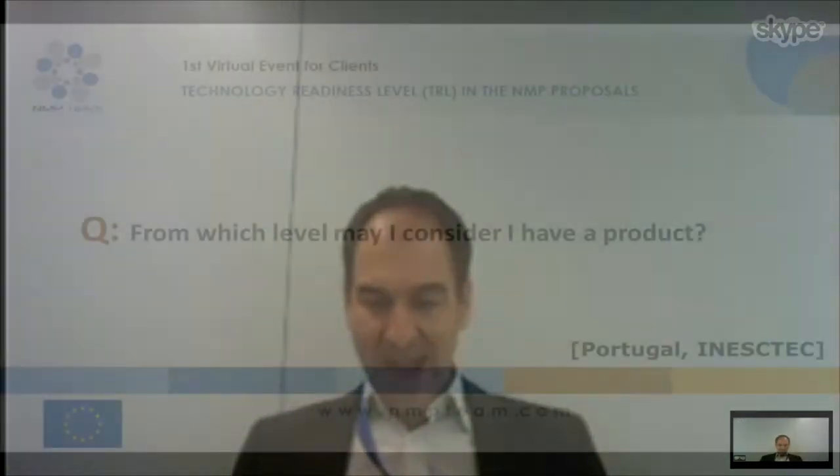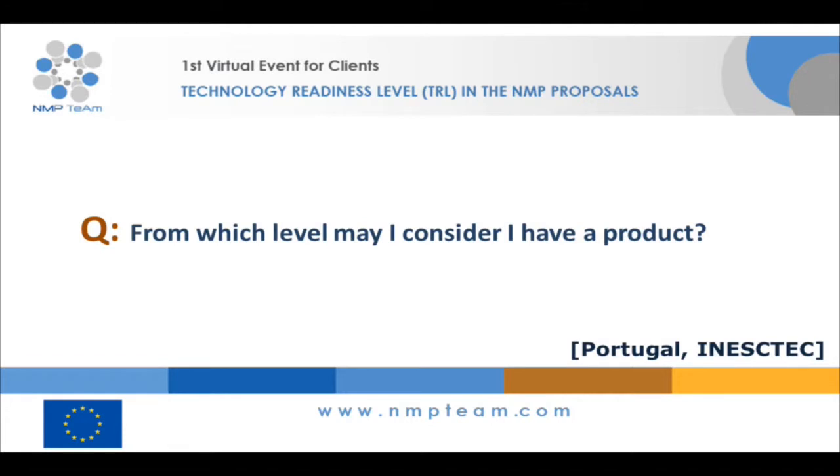From which level may I consider I have a product? Well, we have discussed that. How is the scale applied for individual inventions versus the whole project, bearing in mind most projects have several inventions, often at different TRLs?